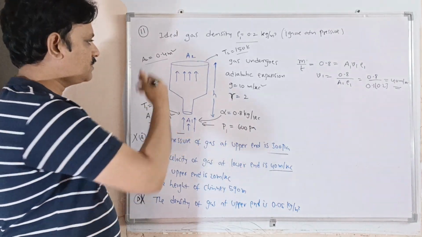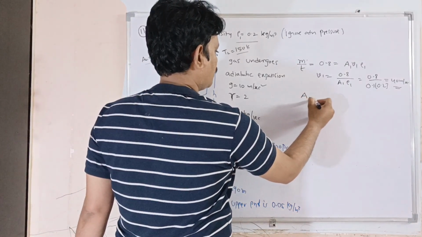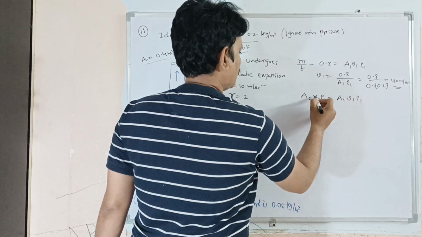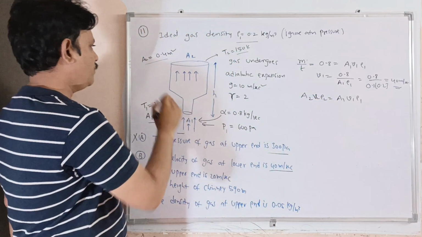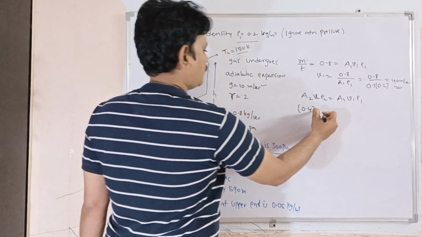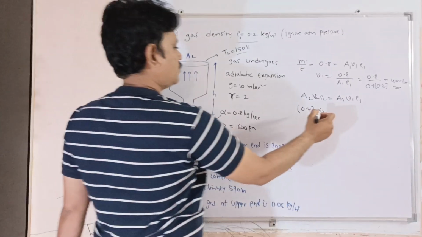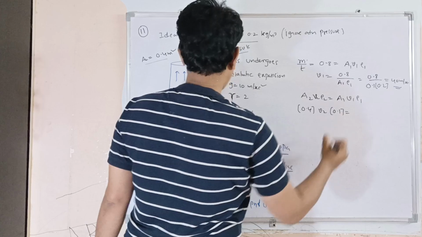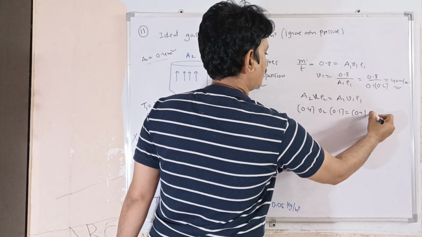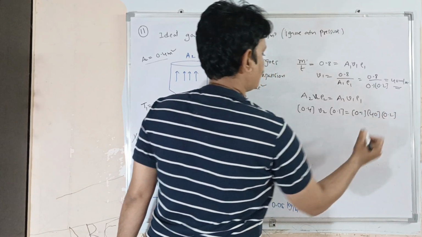Next we will calculate the velocity at the upper end, and we know the equation of continuity, that A1 V1 rho 1 is equal to A2 V2 rho 2. Here A2 is 0.4 and V2 is the velocity we need to calculate, and rho 2 is the density at the upper part, which is 0.1 as we calculated. The area of cross section A1 is 0.1, velocity is 40 meters per second as we calculated, and density is 0.2 at the lower part.